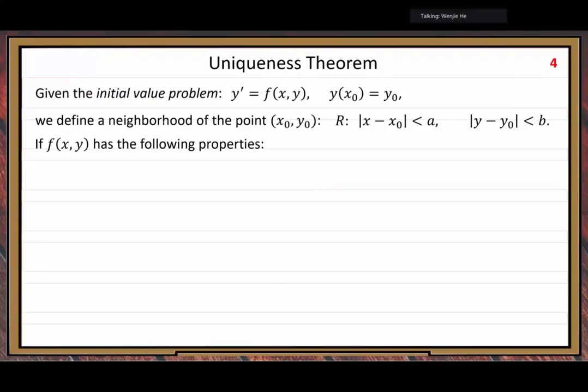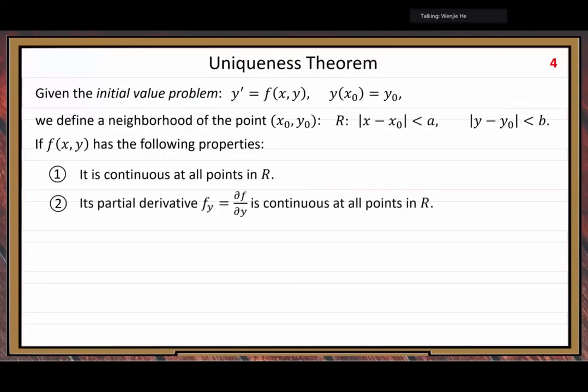Now, the properties. We require a little more properties, different. First condition, continuous, the same as in the previous theorem, continuous at all points. Second condition, this time we need to use the partial derivative: f sub y is continuous at all points.